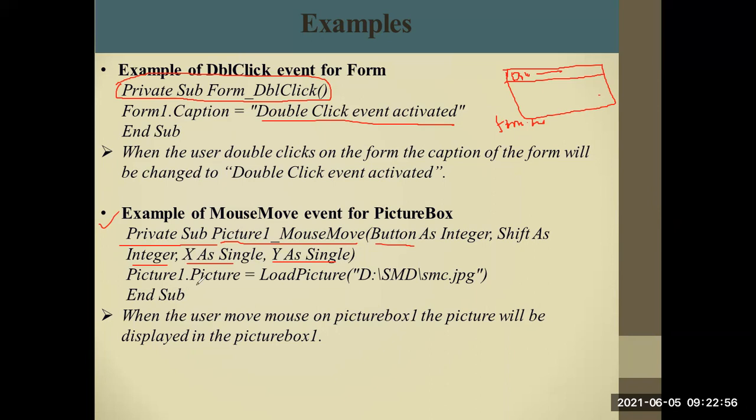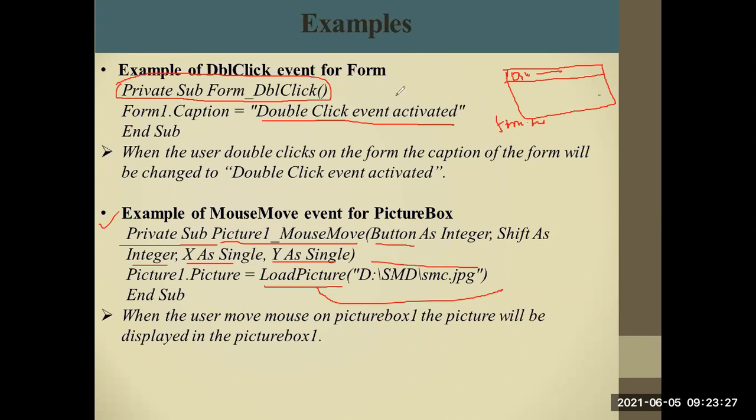So what happens? I will take a method called picture dot picture equal to load picture. Load picture is a function which basically loads a picture with this path name. So whenever the user moves a mouse on a picture box, the picture will be displayed in picture box one.